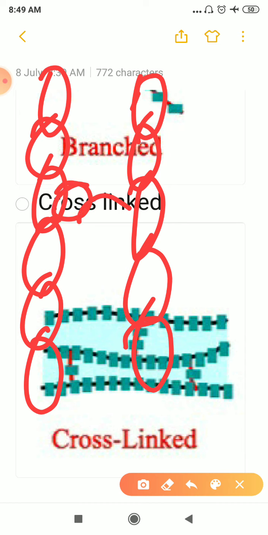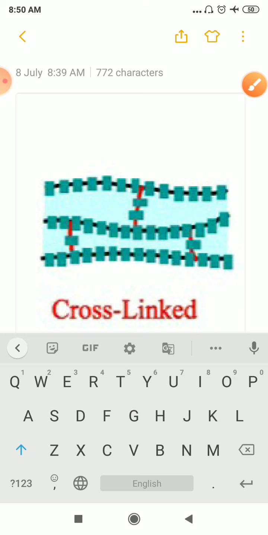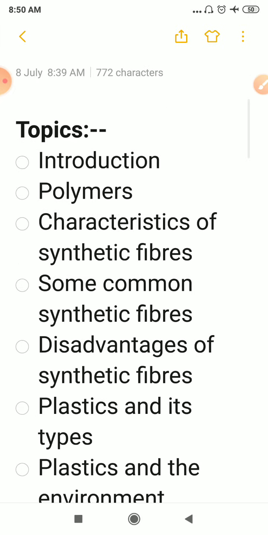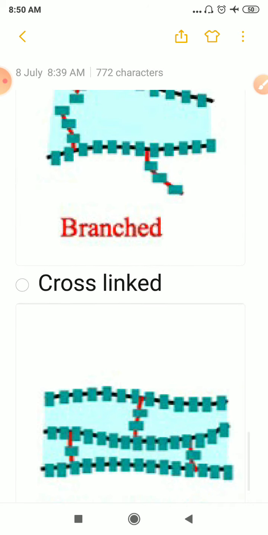And they are connected with each other. They are cross-linked with each other. In this way, the polymers manufactured are known as cross-linked polymers.